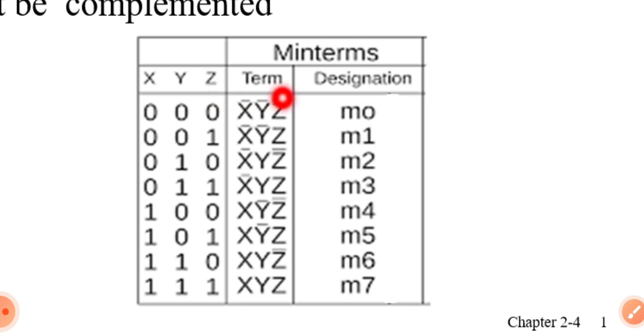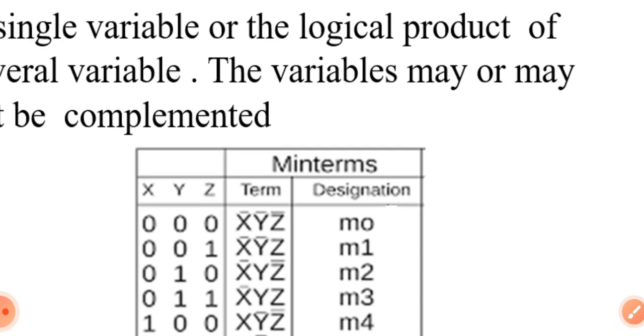Then the next terms are x bar y z bar, x bar y z, x y bar z bar, x y bar z, x y z bar, and x y z. These are the terms that can be written.